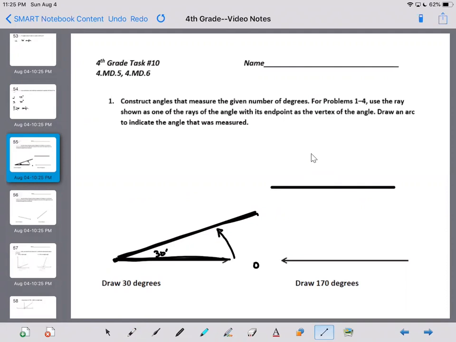If I want 170, well, I know what a straight angle is. The straight angle is 180. So I may have to start kind of in this middle part here and then just show that that's that 10 degrees remaining. So from right to left, I've created 170 degrees, with this being 0 and this being 180, that straight line.